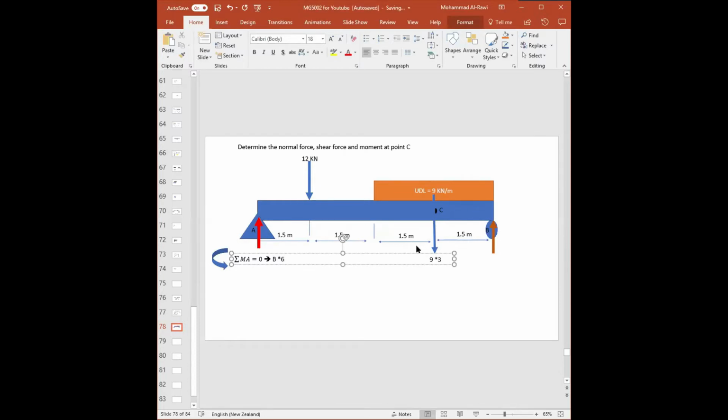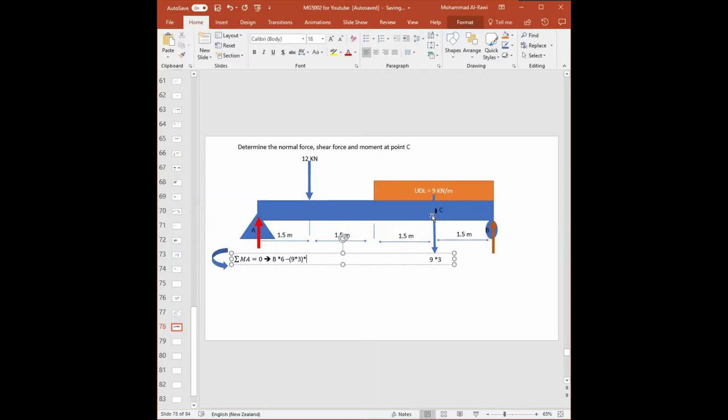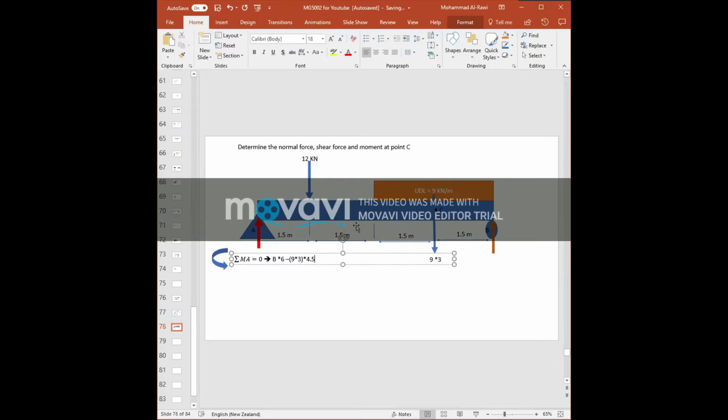Plus or minus, we can see. The UDL, which direction is it going? Negatively. So minus 9 times 3. This by itself is only force. Now I need to bring the distance. So it would be the distance from this point to this point, and minus because it's clockwise, so times 4.5. All right. Now what do I have?